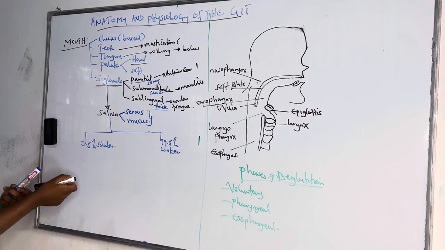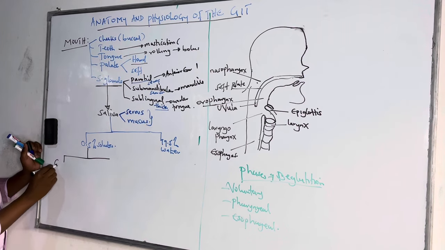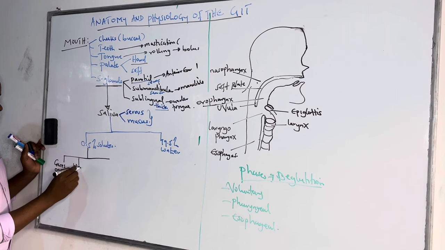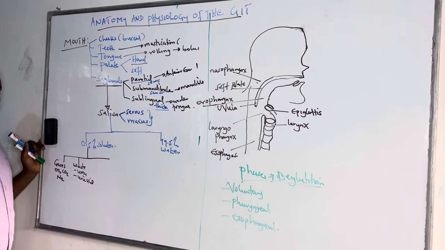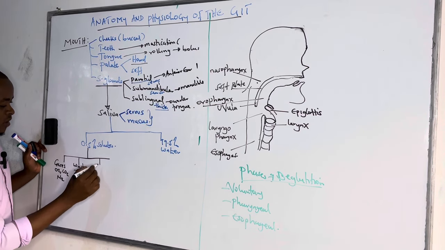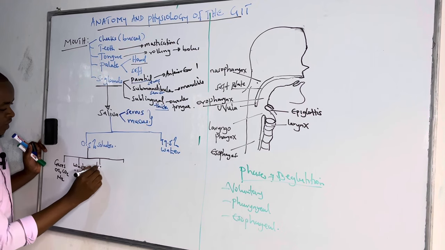These solutes include gases like oxygen, carbon dioxide, and nitrogen. They include waste products of metabolism, like urea and uric acid, which are excreted even via saliva. Then it contains enzymes, like lysozymes.